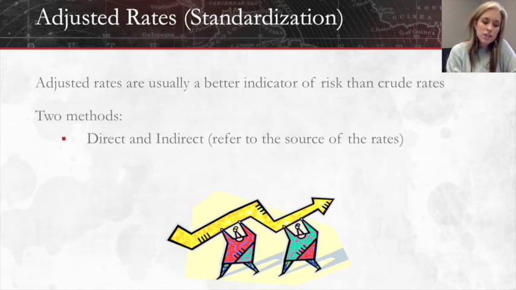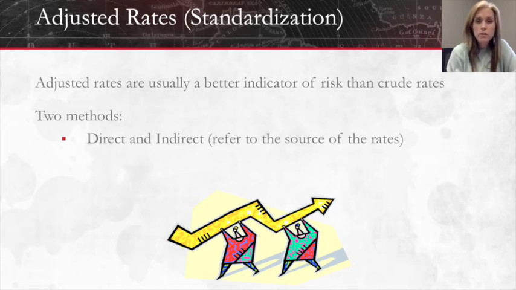And even though it's kind of a difficult concept, adjusted rates tend to be a better indicator of the differences between populations in risk of disease than crude rates. Because again, when you're using crude rates to compare populations that vary in composition, it's not really useful. So you adjust based upon those variables that they vary with in order to get a better picture of how they actually compare.